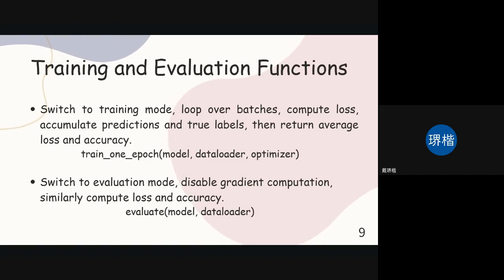Then the next step is the training and evaluation function. Switching to training mode, loop over batches, compute loss, accumulate predictions and true labels, then return the average loss and accuracy. Next, switch to evaluation mode, disable gradient computation, and similarly compute loss and accuracy.